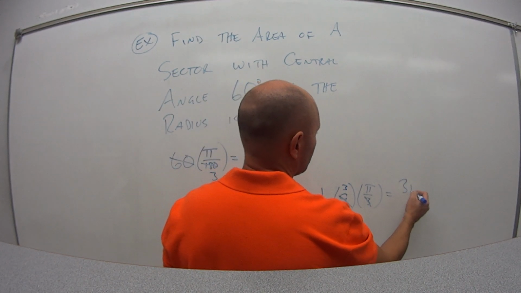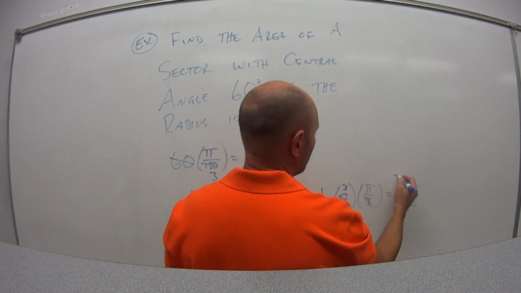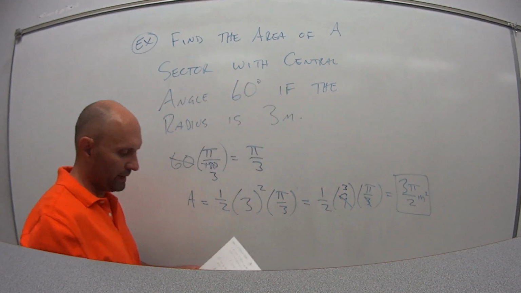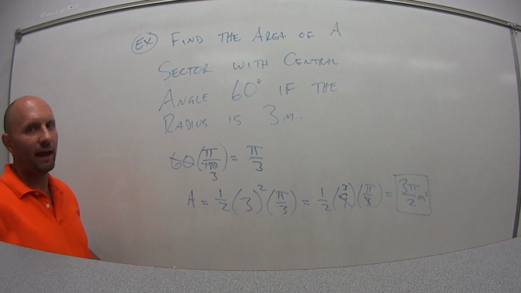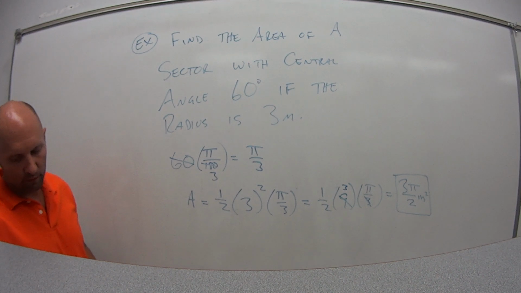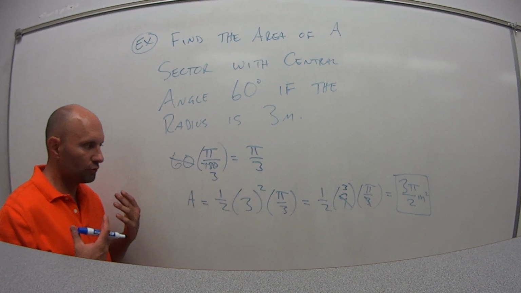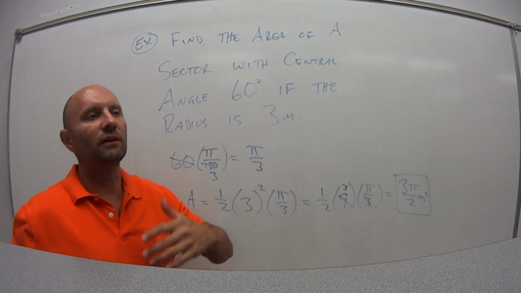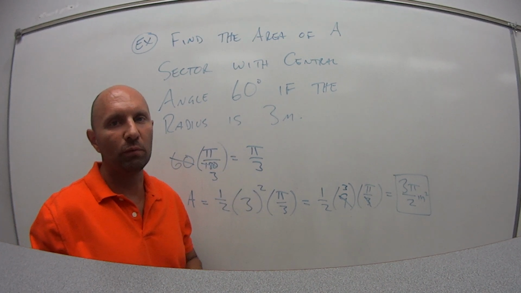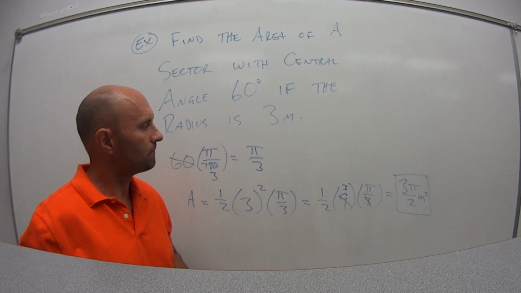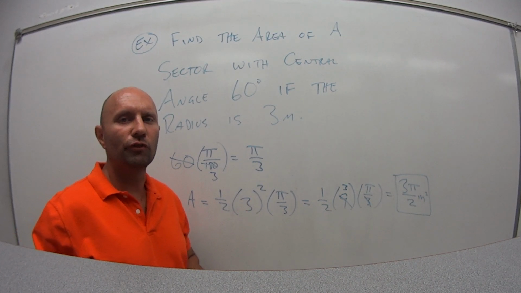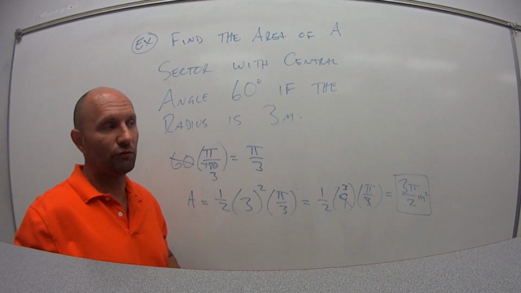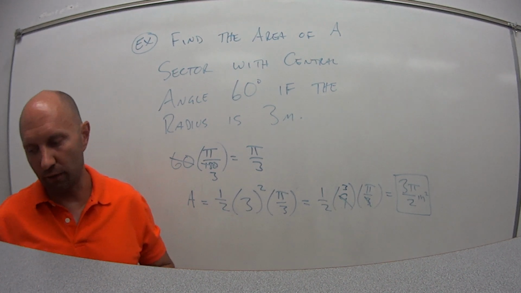So this gives us 3 pi over 2, with units square meters, as the area of the sector. Again, the real trick of these is to make sure you convert these things to radians before you start plugging them into the formula. Alright, well, that concludes the second portion of the video for 6.1, which concludes the videos for 6.1. We'll see you guys in 6.2.